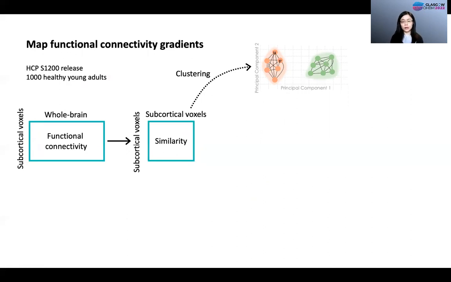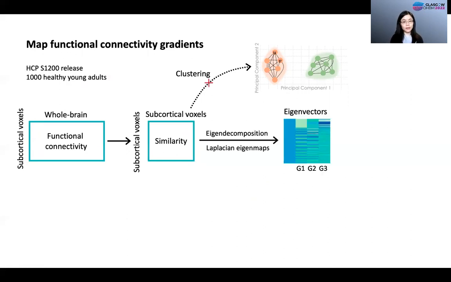What we did was use a method called Laplacian eigenmaps, and decompose the high dimensional similarity matrix into a few low dimensional connectivity gradients. After the eigen decomposition, each eigenvector represents a dimension of connectivity differences across the topography of the subcortex.